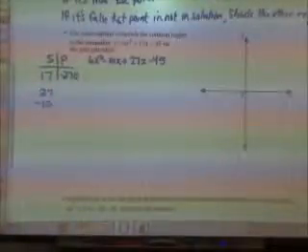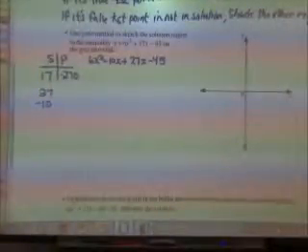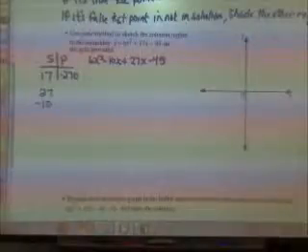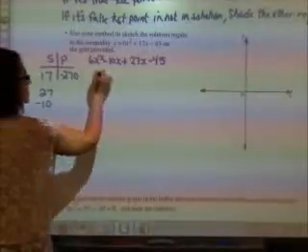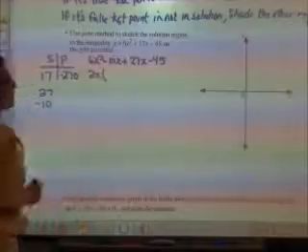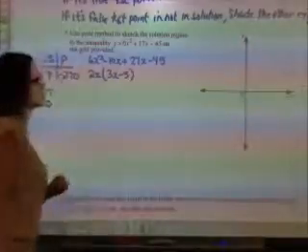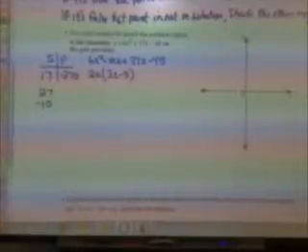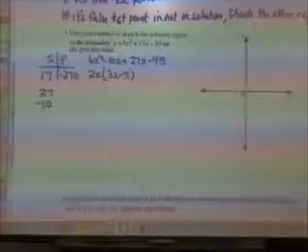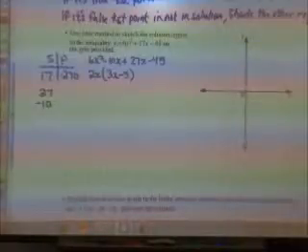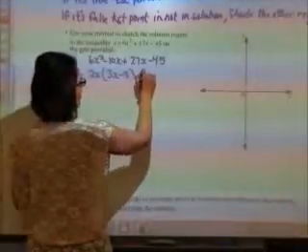And what can I factor out of the 6x squared and the 10x? And what am I left with? So 3x minus 5. What can I factor out of 27x and negative 45? A 9. And will that leave me with 3x minus 5?